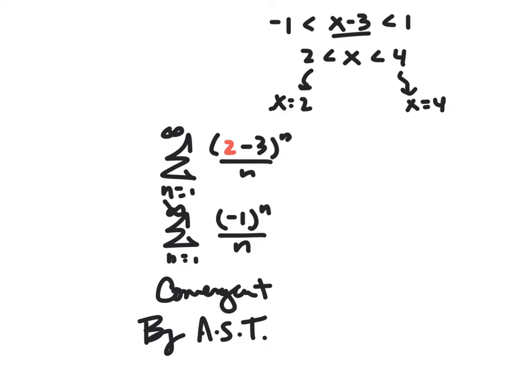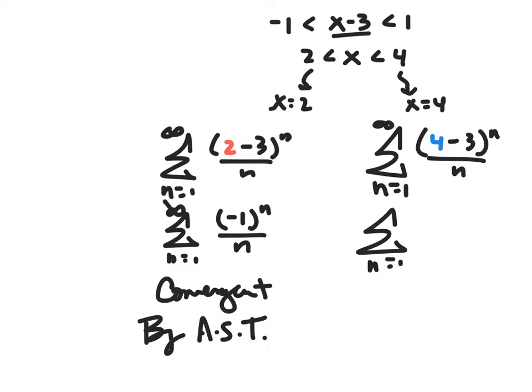Now, if I plug in 4, going from 1 to infinity, I'm going to get, it's not going to be an alternating series, but it is going to be the harmonic series, right? Because the 1 to the n would just be 1 in all cases. So I'm going to get that. Of course, that is divergent.